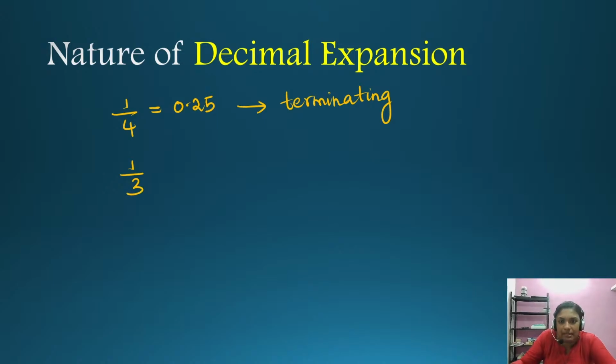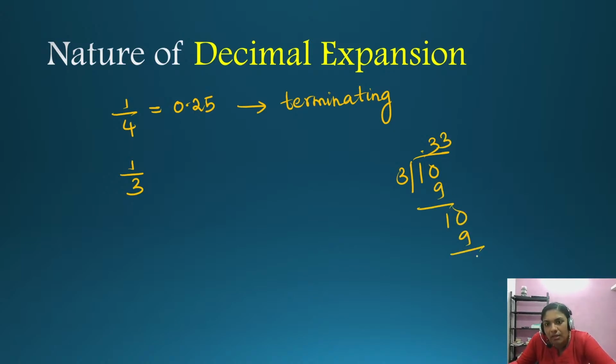Let's say 1 by 3. Let's divide 1 by 3. 0, 3 threes are 9, again 1, 0, again 3 threes are 9, again 1, again 0, 3 threes are 9. See, it goes on like this, right? 0.333, etc. So what does it mean?